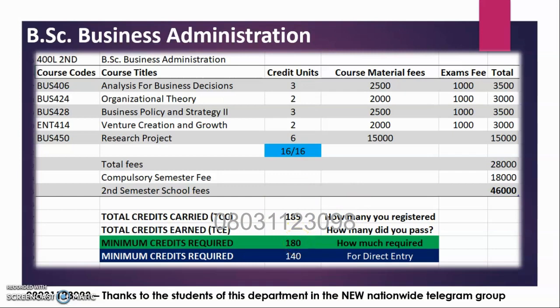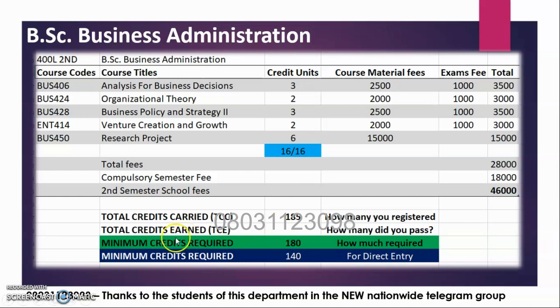On the next graduation list, you should see your name on it. If you have not, then you keep it going until you pass the required 180. Which means you can only fail 2 courses, which are definitely not compulsory courses.